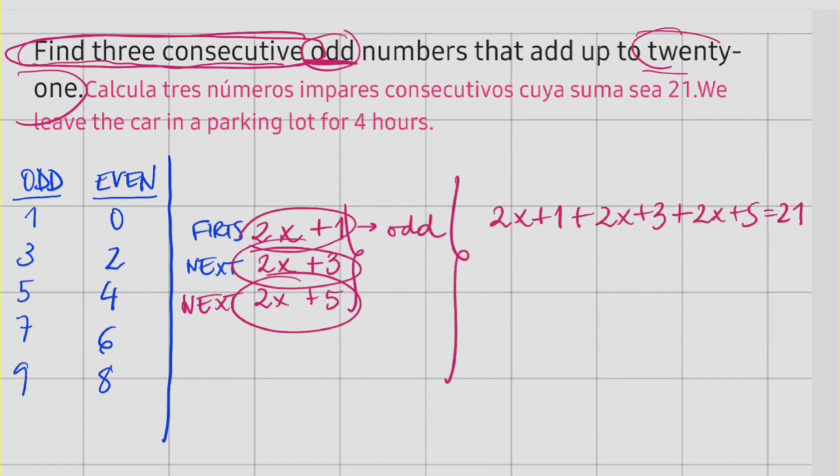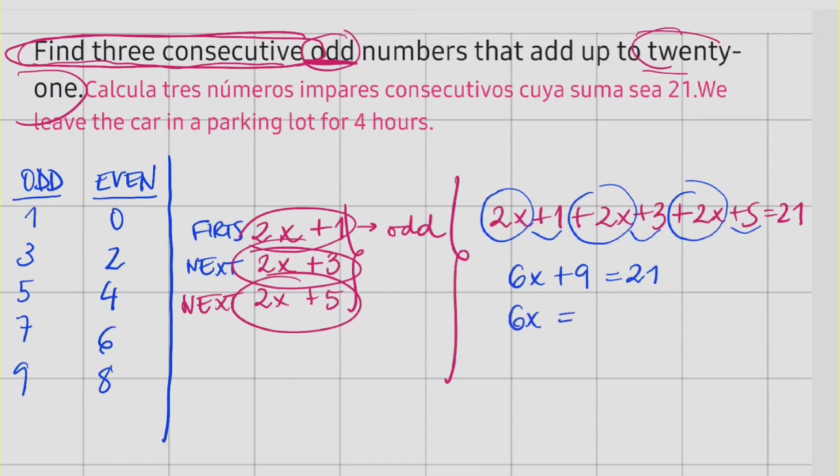So we have 2x plus 2x plus 2 more x. We have 6x in total. Now, 1 plus 3 plus 5, that is 9, right? And that equals 21. Now, 6x equals 21 minus 9, right? And that makes 6x equals, how much is that? 12, right? So x must be 2.